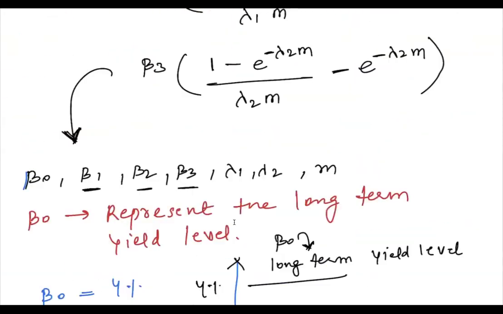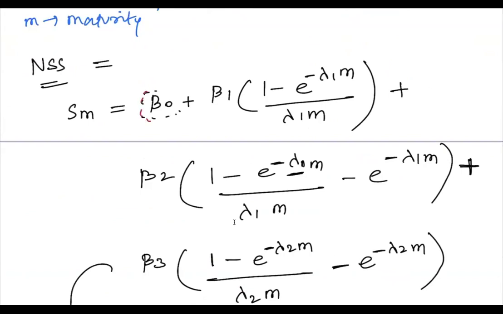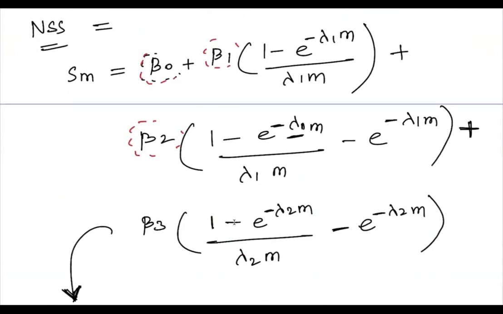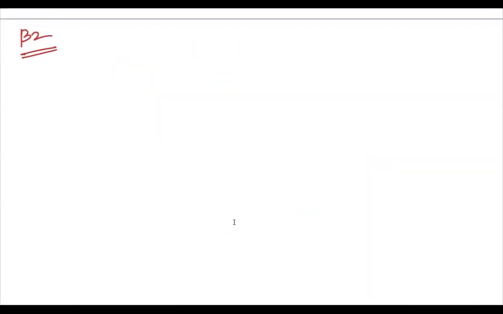So let's see what beta 2 is. We covered beta naught and beta 1. Beta 2 is also called curvature, first of all.